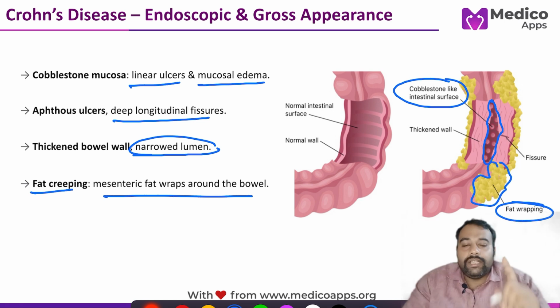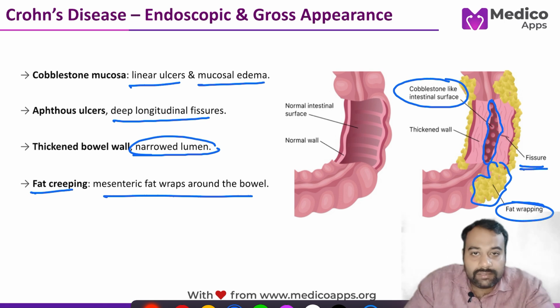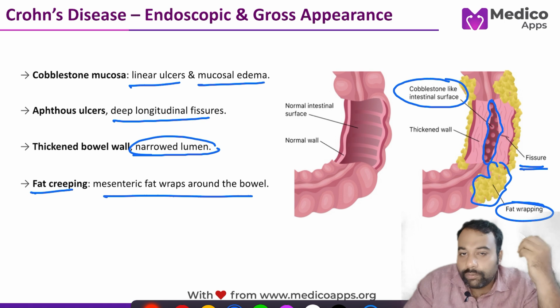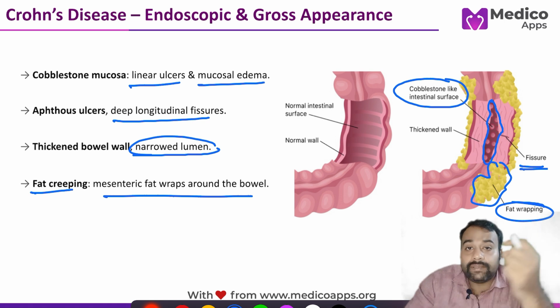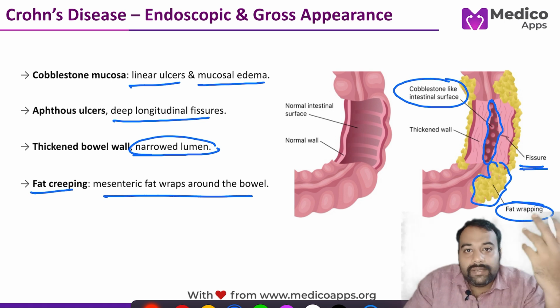One thing that also needs to be understood: as there is transmural involvement in Crohn's disease, meaning the entire thickness of the intestine is involved in this inflammatory process, that will eventually lead to development of fistulas and sometimes fissures as well.